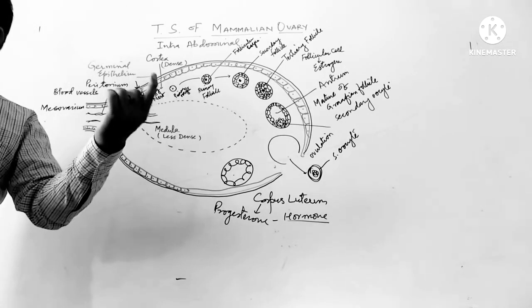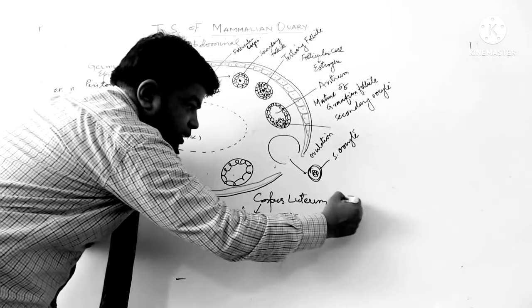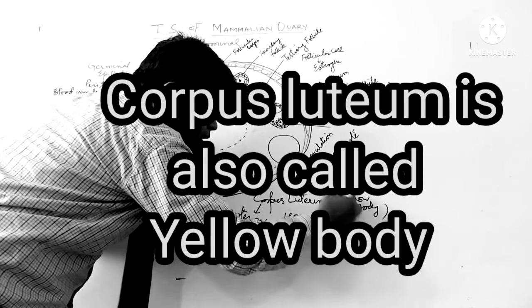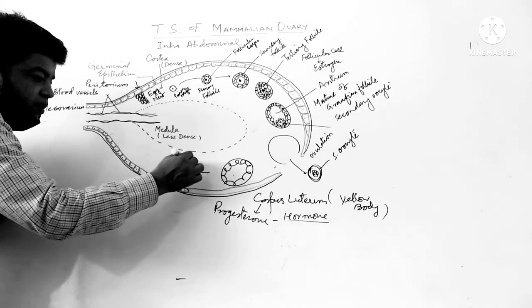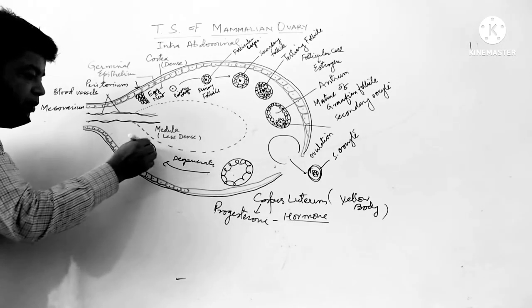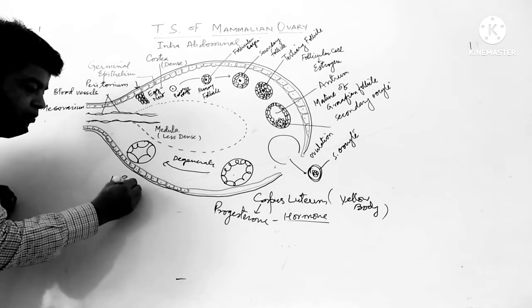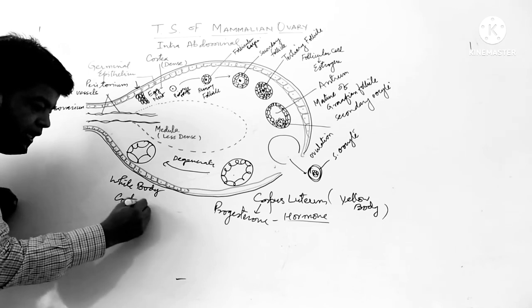If the sperm is not fused with the ovum, the secondary oocyte, this corpus luteum, which is also known as yellow body, remember this name, yellow body, degenerates and is converted into another body, which is also known as white body or corpus albicans.